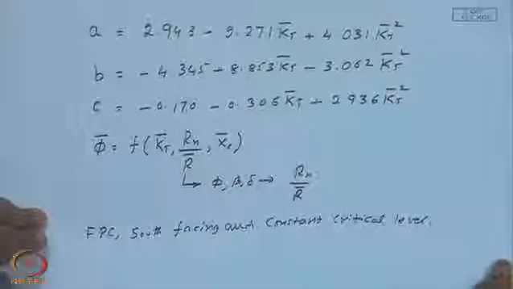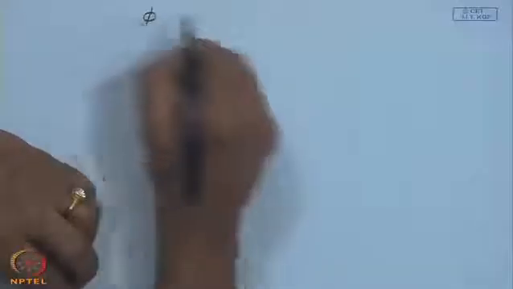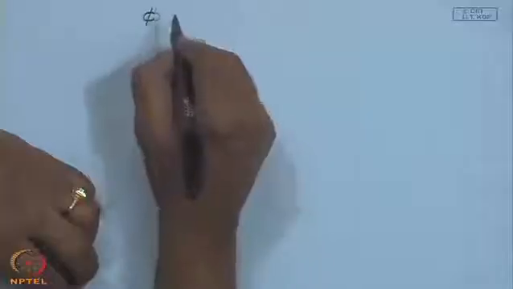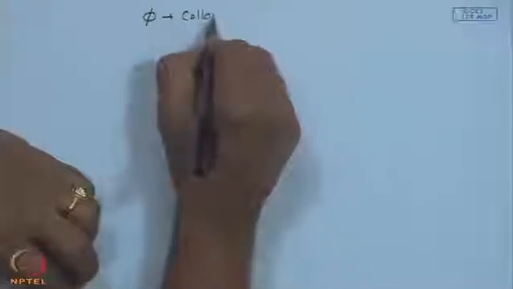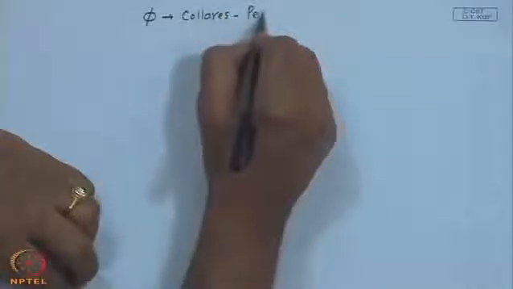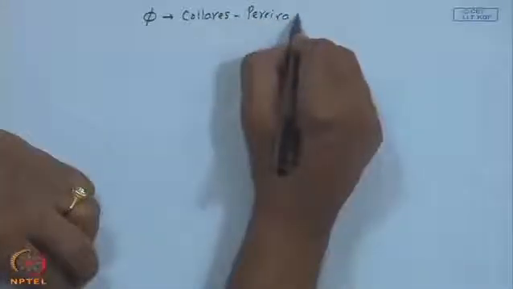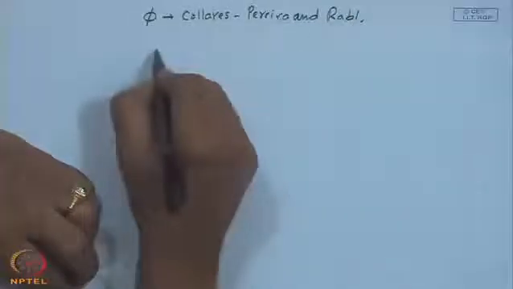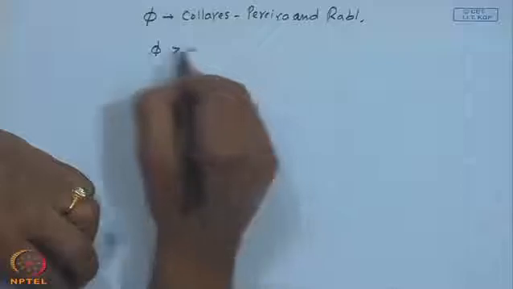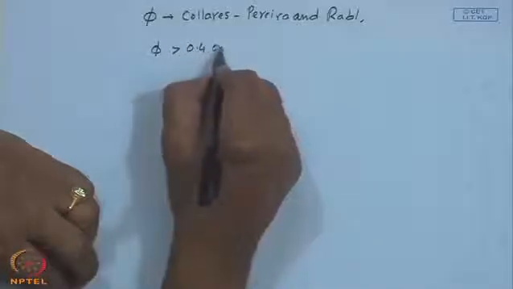There were attempts by Collares-Pereira and Rabl to include concentrating collectors and non-south facing surfaces. However, that is restricted to when the monthly average utilizability, he calls it a phi, slightly different definition, is valid for phi greater than 0.4 only.